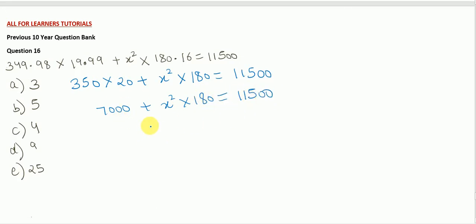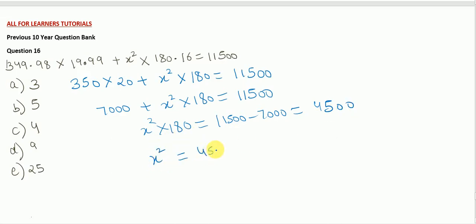Now take this part to the right side. 11500 minus 7000 comes out to be what? 4500. Okay, now take 180 to the other side. Now you can easily divide it, you will get it as 25.